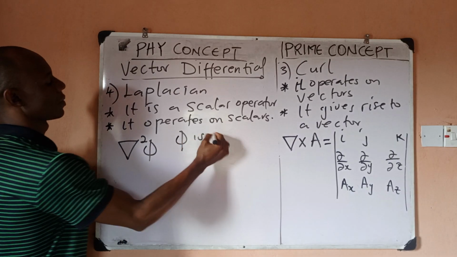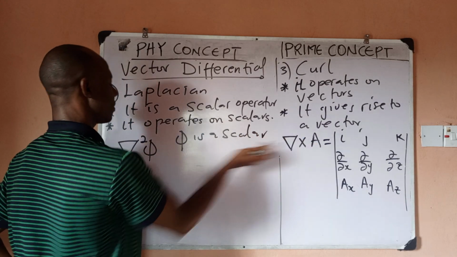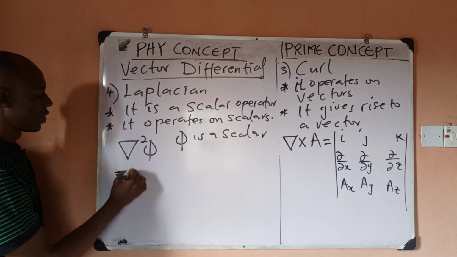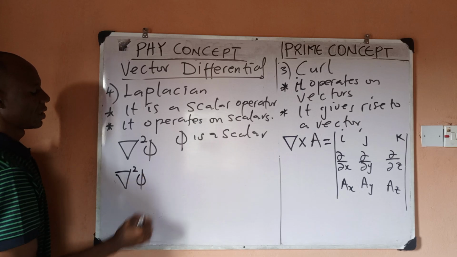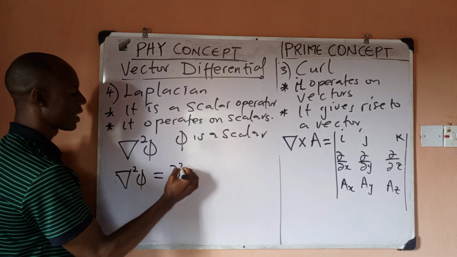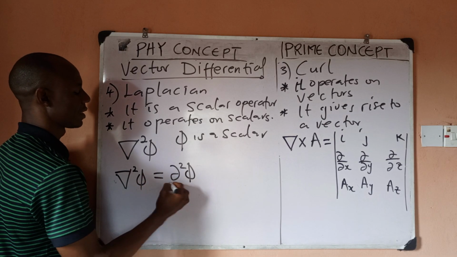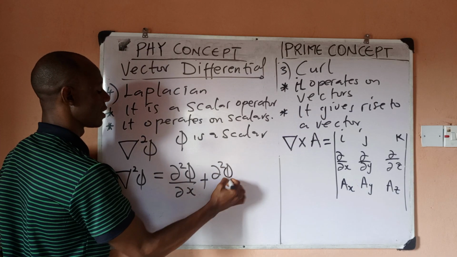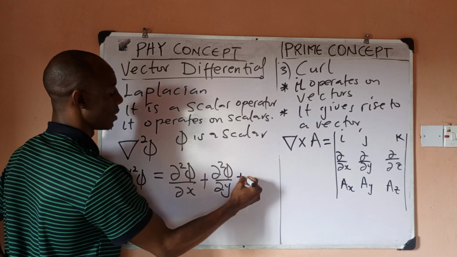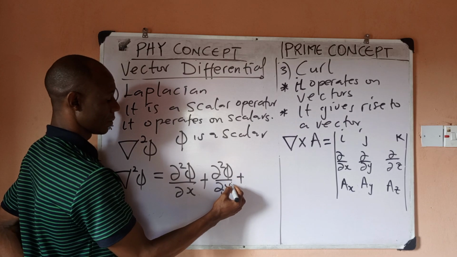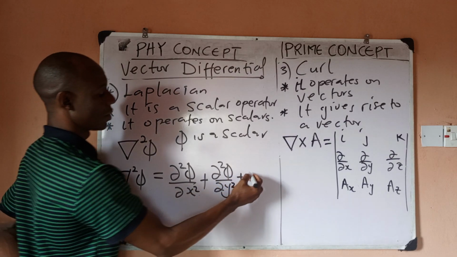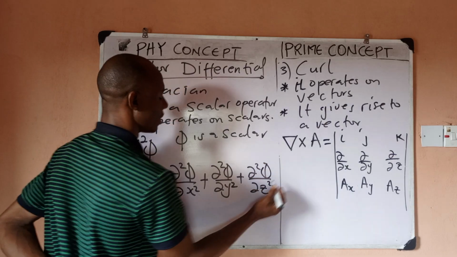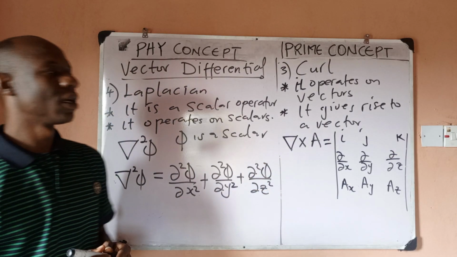The Laplacian of a scalar is actually going to be the second derivative of that scalar with respect to x, plus the second derivative of the scalar with respect to y, plus the second derivative of that with respect to z. So this is the Laplacian operator.